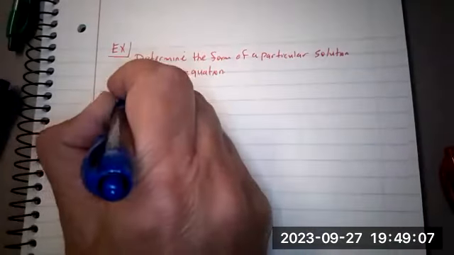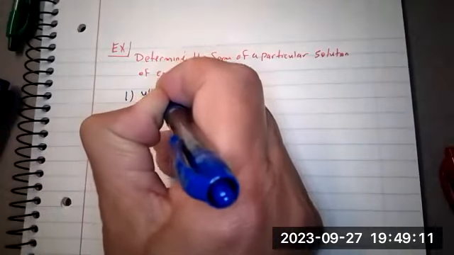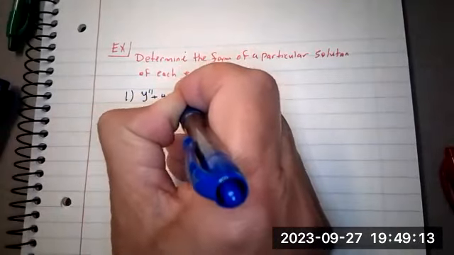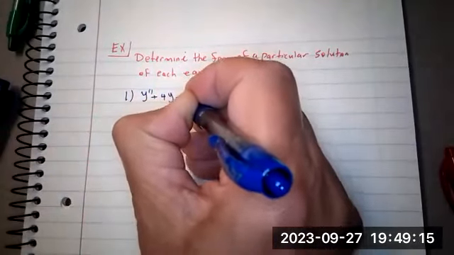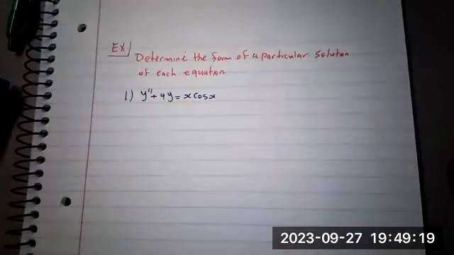Here you are, the first one. y double prime plus 4y equal to x cosine of x. They ask for the form only. First, you have to find the yc, because you want to check to see if there is any duplication.